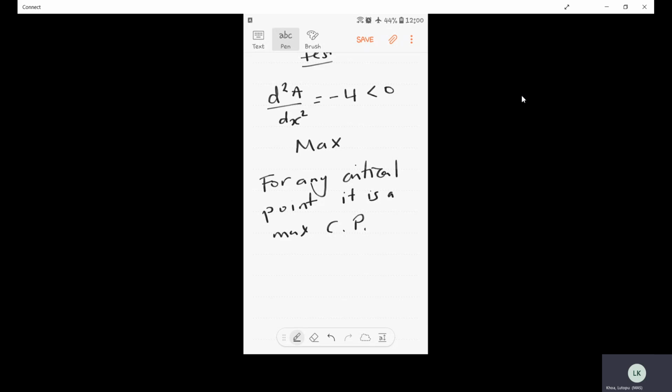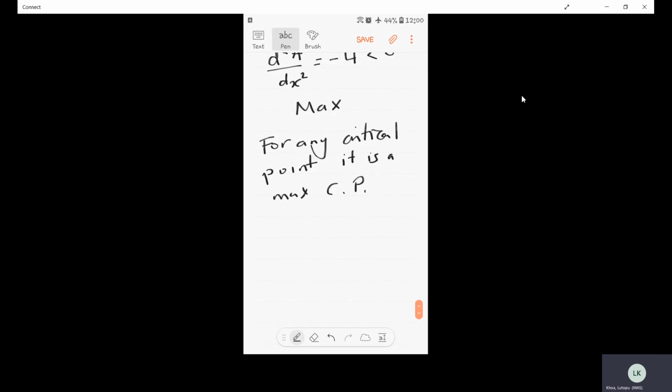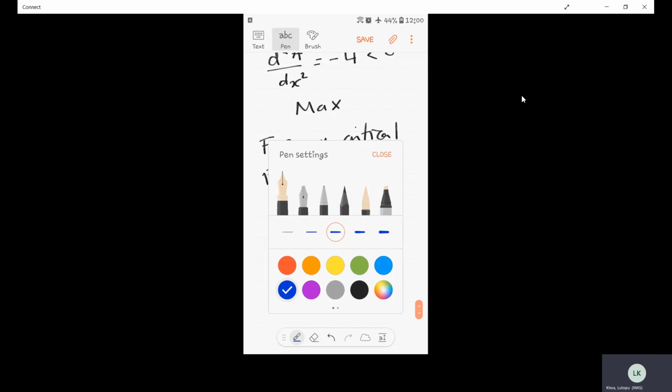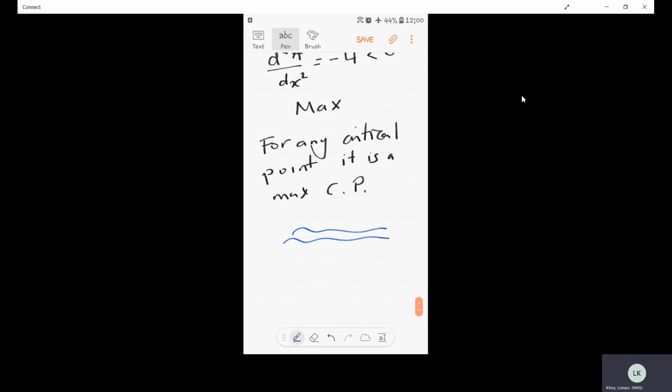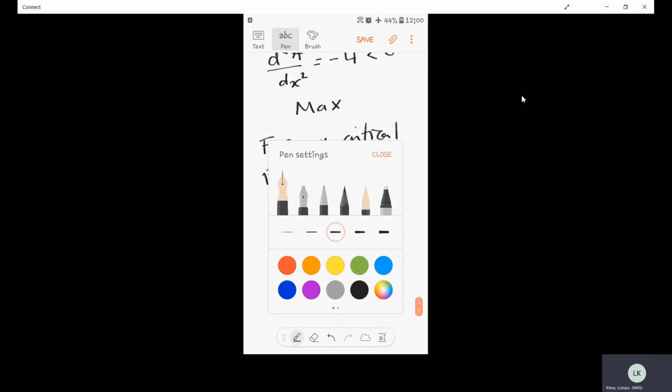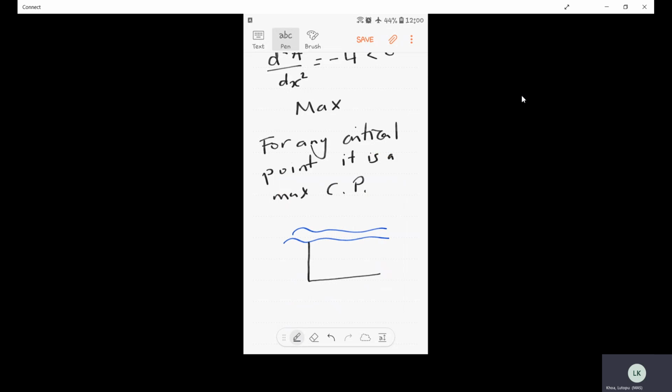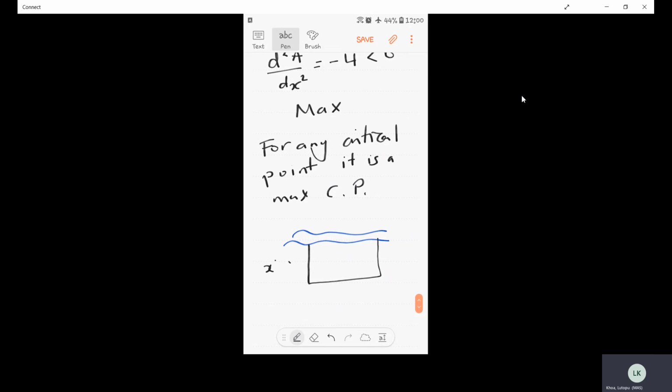Okay, so now that I know it is indeed a maximum, I can go back to my drawing. So we said we have the river over there and then the enclosure. We said we have x over here, so this x is equal to 25.